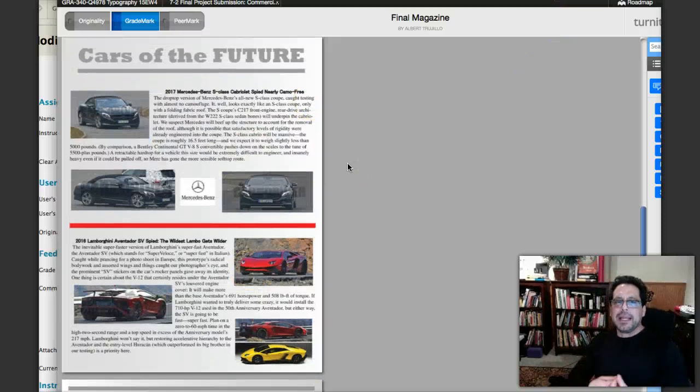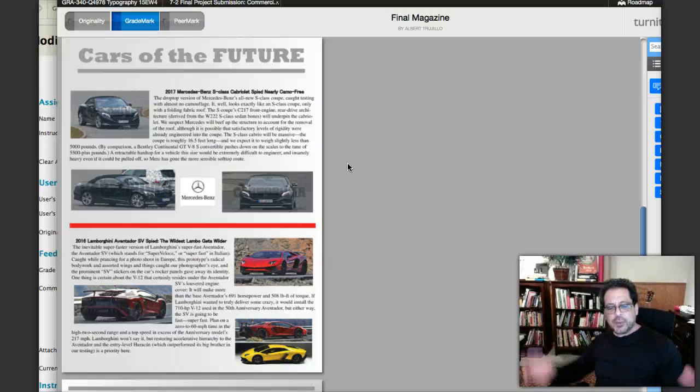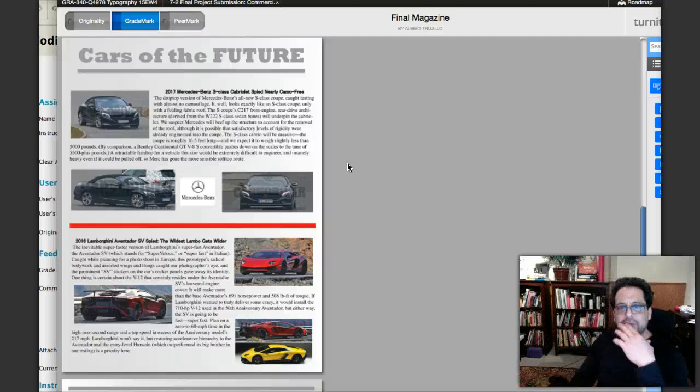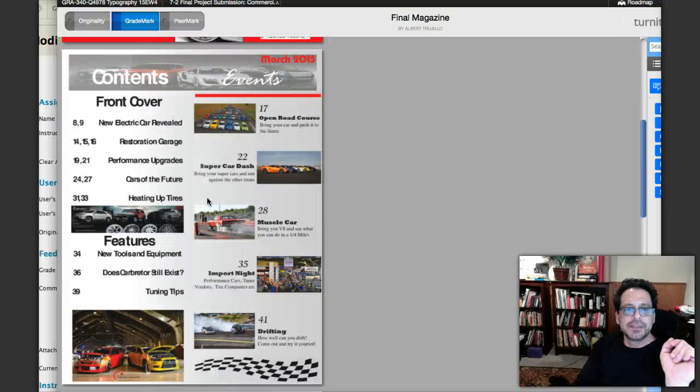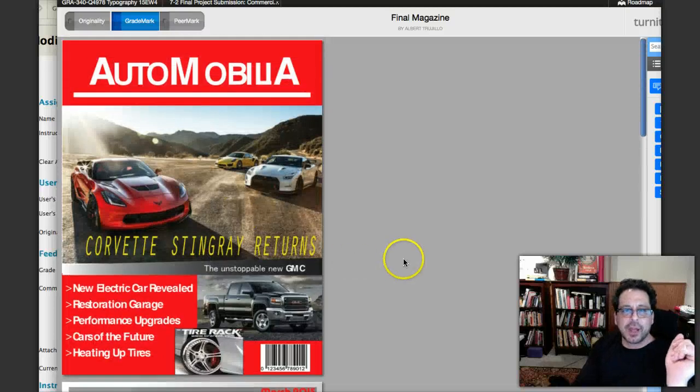So my intent here of a spread was for students to show me a continuation of type from one page to the next, so that you can design a spread based around a headline and an image, a whole two-page spread, as opposed to designing around one page. Okay, so I think you fell short on that. I know I mentioned that before, but okay, and that's all I got really.